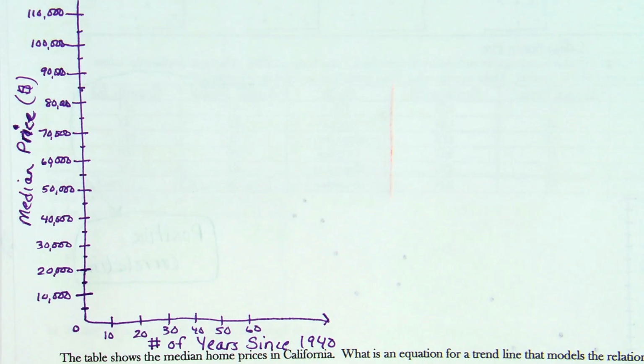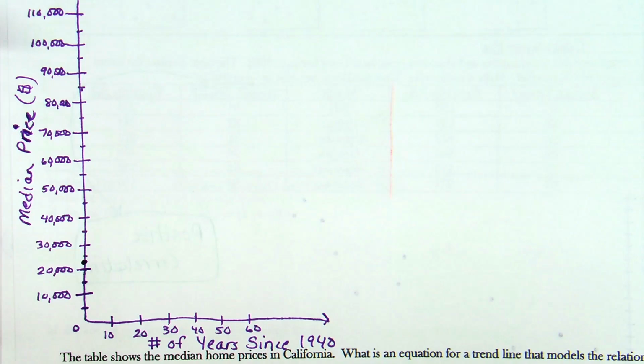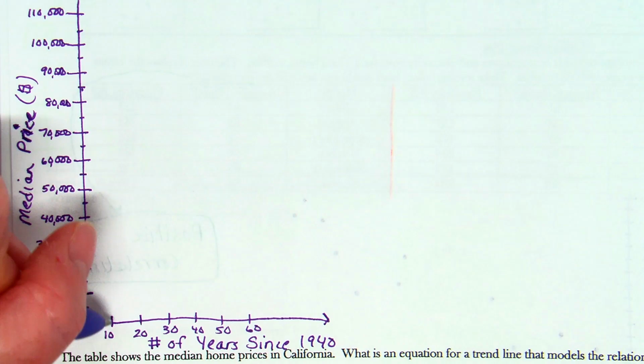So on year 0, I'm going to put a dot at approximately 23,000, which for me is on the y-axis, past 20 before I get to that tick mark of 25,000. 1950 is year 10, and I'm going to go to approximately 40,000. 1960 is year 20, and I'm going to about 58,000.